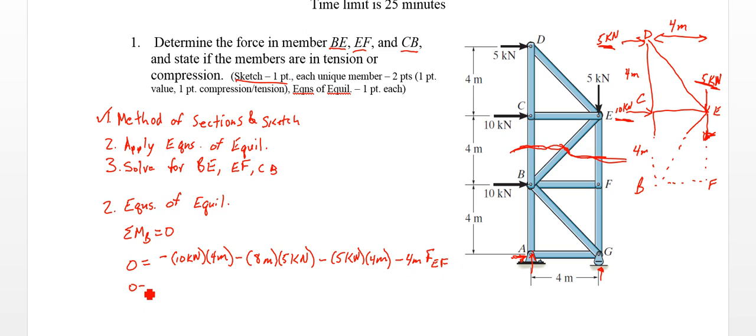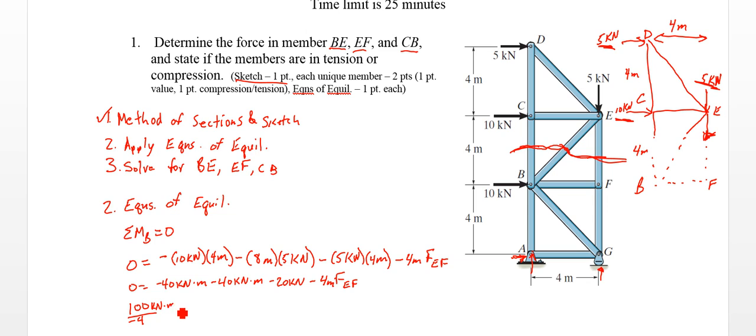So if I do that in math, I get negative 40 kilonewton meters minus 40 kilonewton meters minus 20 kilonewton meters minus 4 meters F_EF. So this is 80, 100. So I have 100 over 4, and my 4 is negative here.